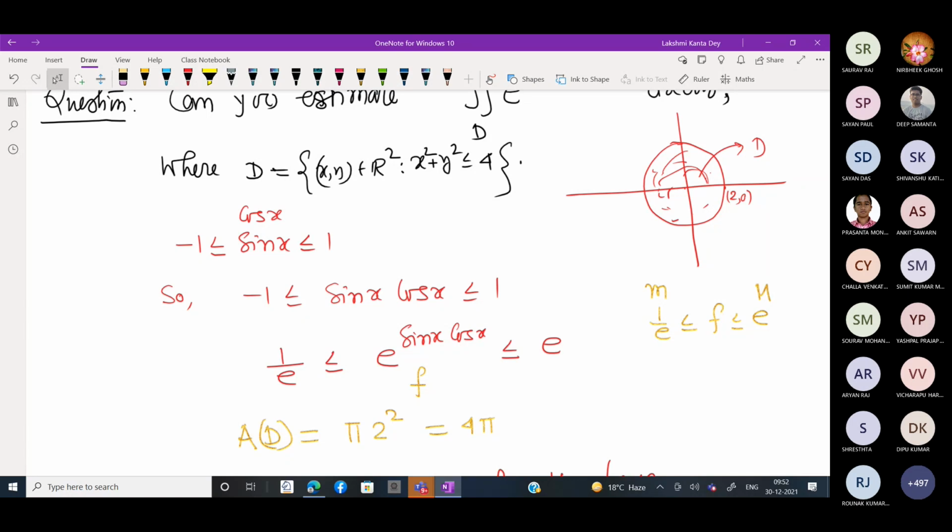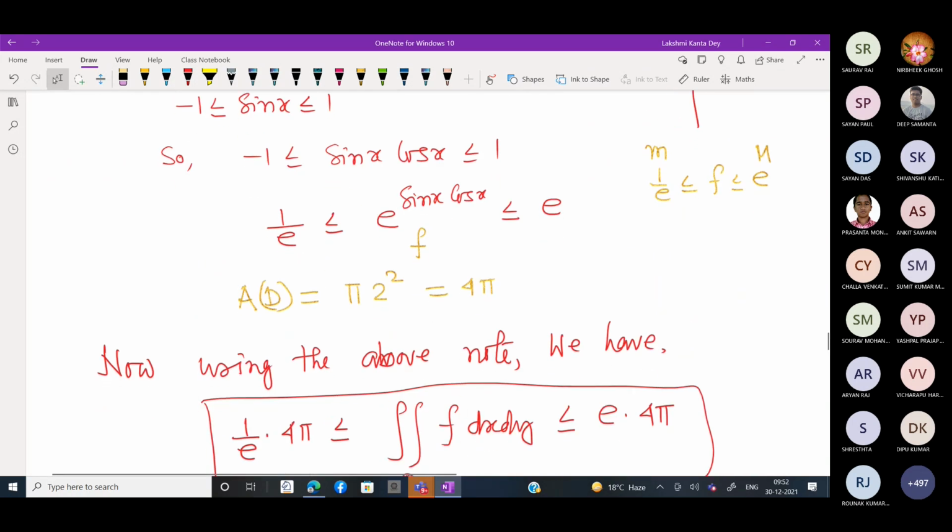So the answer will be more appropriate. Yes, you are correct. This is also correct. This is one of the estimates. Very good point.